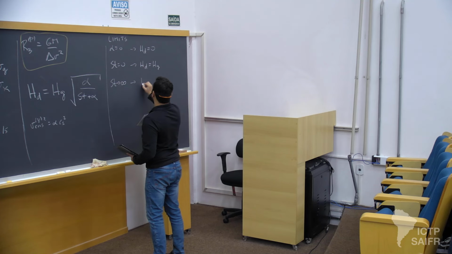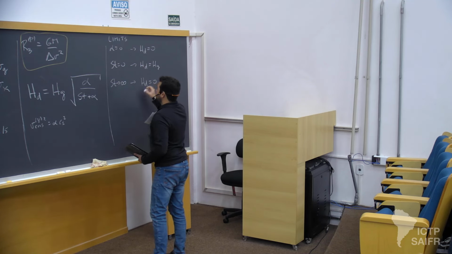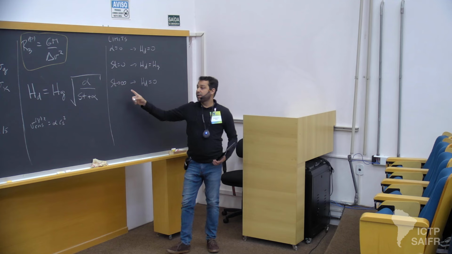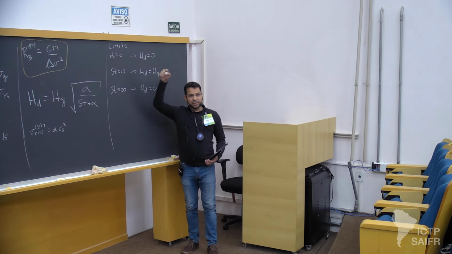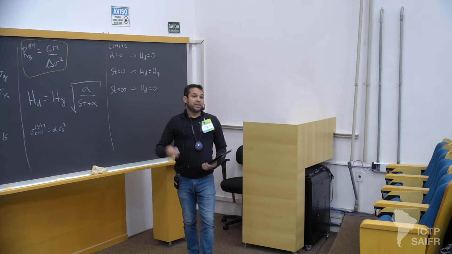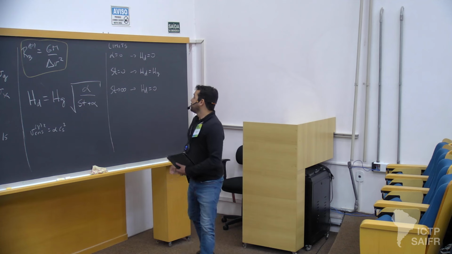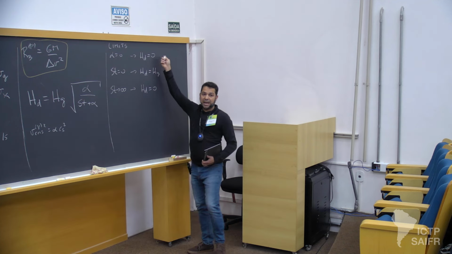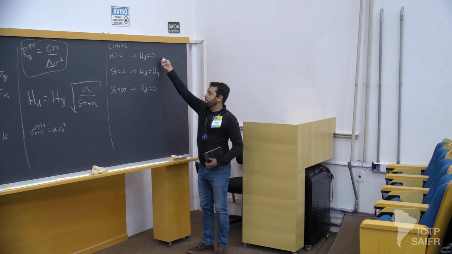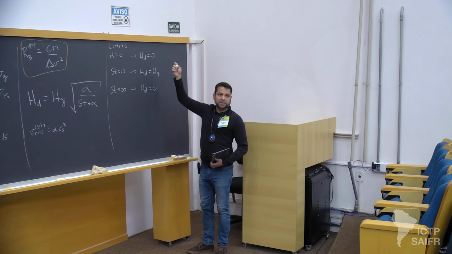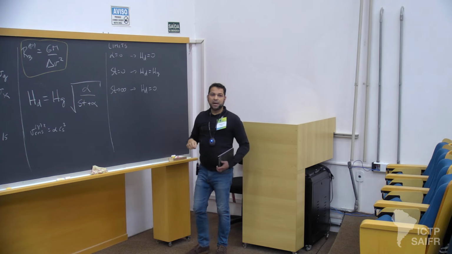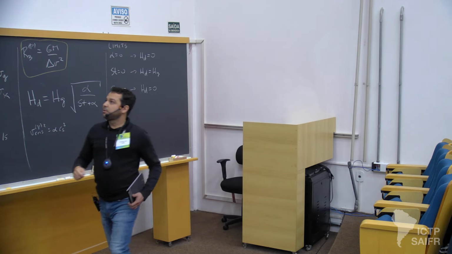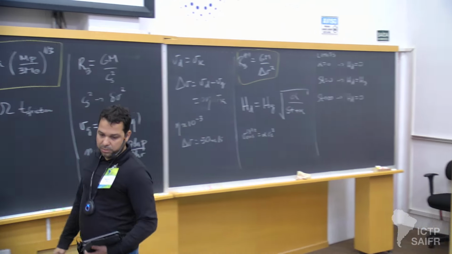Again, the scale height would go back to 0. That means too big grains don't feel the gas drag. They just settle down to the mid-plane as if the gas was not there. So this is the limit of no diffusion: everything settles down to the mid-plane. Very small grains just mix all over. Very large grains settle down. That's what you're seeing there for different particle sizes.